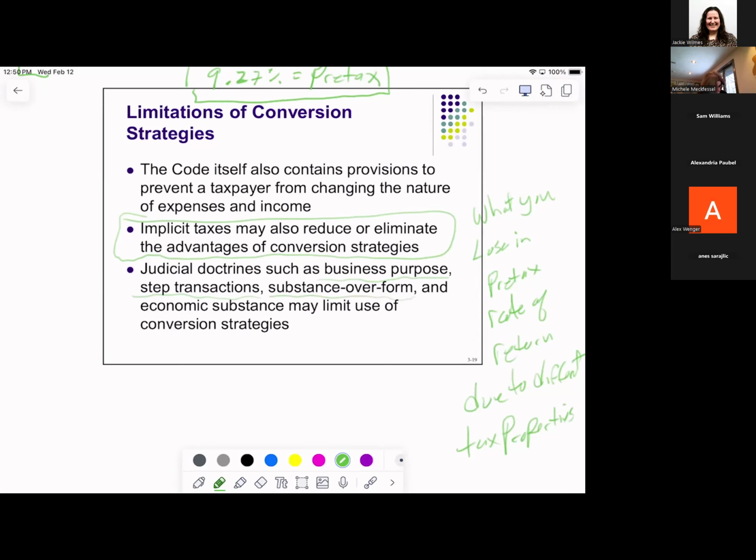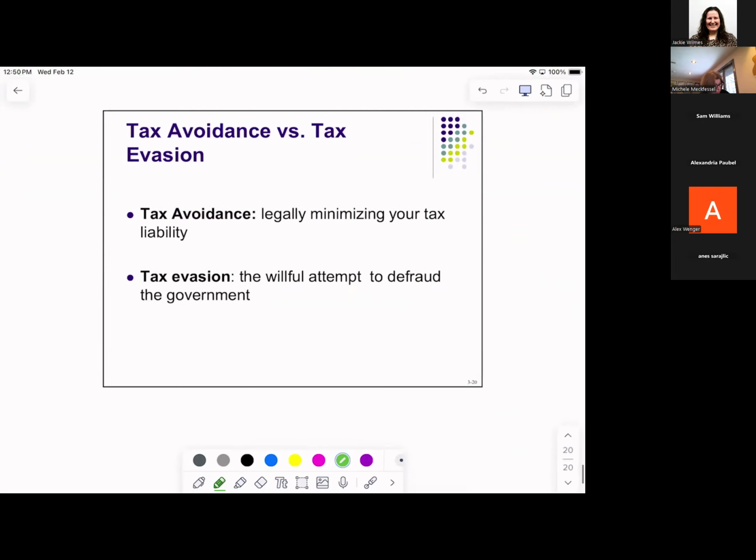And then we already talked about economic substance that kind of rolls in with business purpose. Okay. So it's important to know that there are limitations for all three of the basic types of tax planning strategies. All right. And then the last thing related to chapter 3 is tax avoidance versus tax evasion.